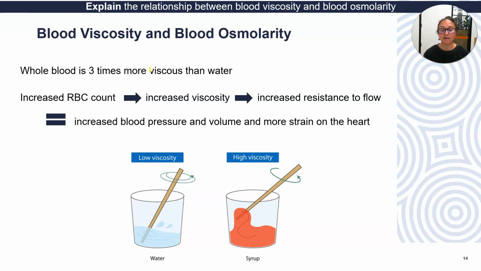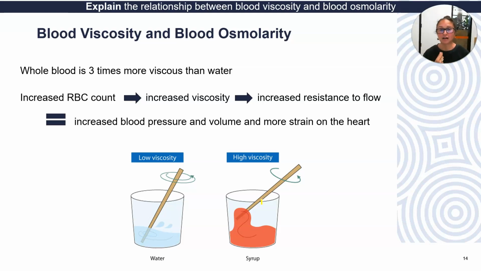Okay, now here is a picture showing again if a fluid has low viscosity versus high. Now what can happen is that if you have too many red blood cells, that's going to increase the viscosity of your blood. It's going to make your blood thicker. And if your blood is thicker, then it's going to flow less. It's going to become more viscous.